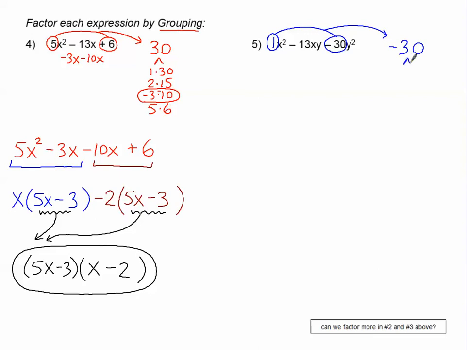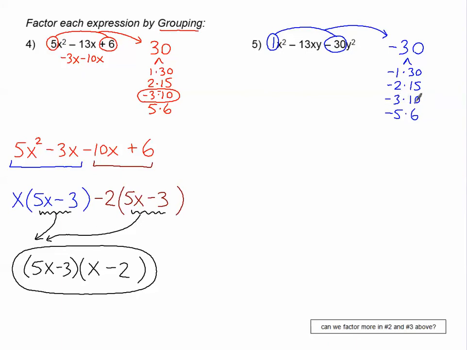So let's list them. I'll just put the first one as negative. Negative 1 times 30, negative 2 times 15, negative 3 times 10, and negative 5 times 6. One of the numbers has to be negative, but not both. Now I need to find the pair of numbers that's going to make a negative 13. But this time the 3 and the 10 don't work because it's not a 3 and a 10.